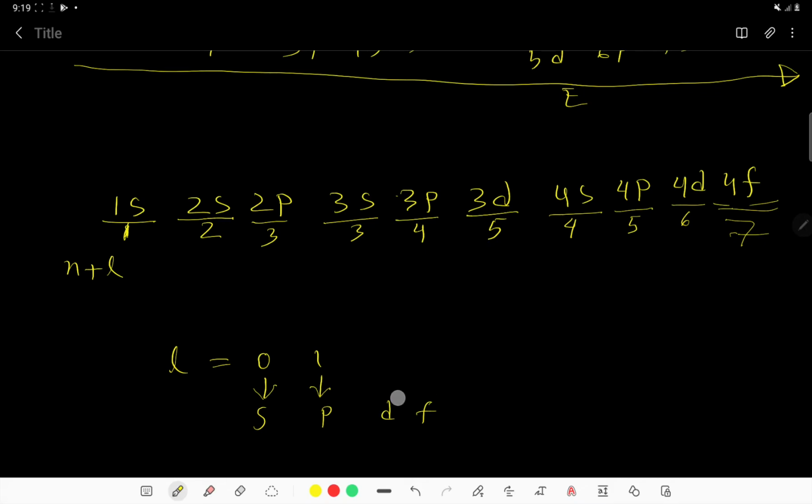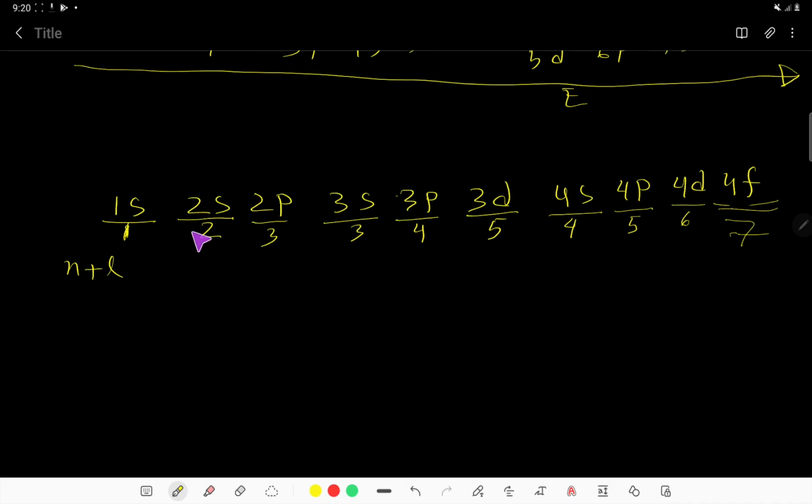So look, when you write the electron configuration, first 2 electrons will go to 1s2, then the next 2 electrons will go to 2s2.